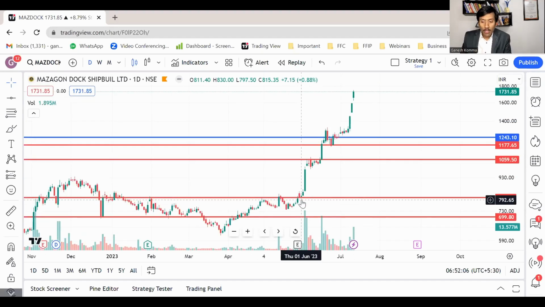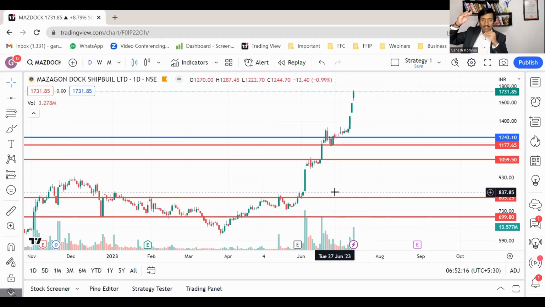And yes, in June, it was able to cross 805. Beyond that, what did we learn? When a stock is crossing its resistance, it means buyers are dominating the sellers.